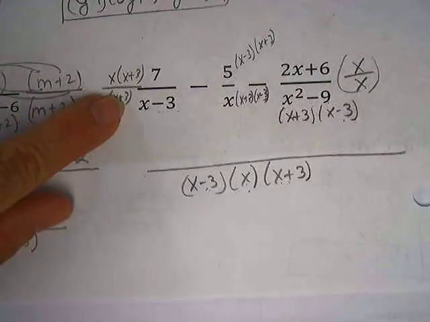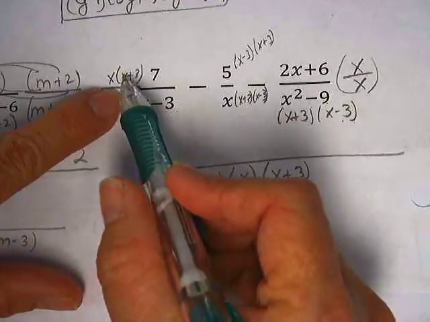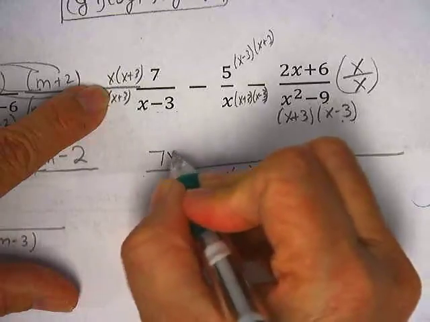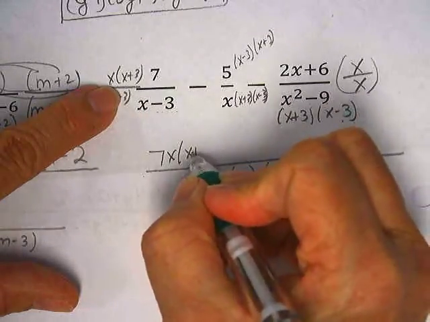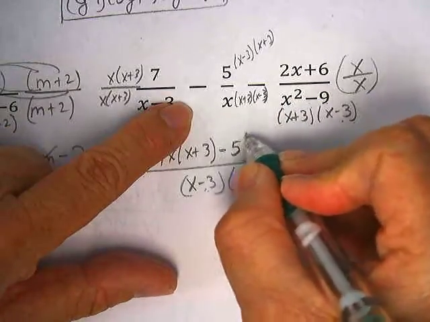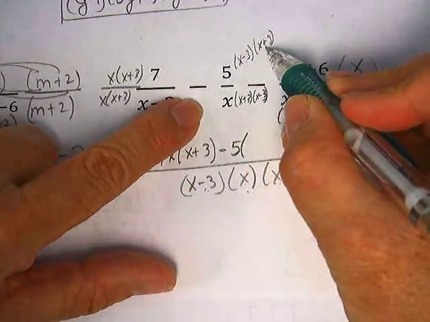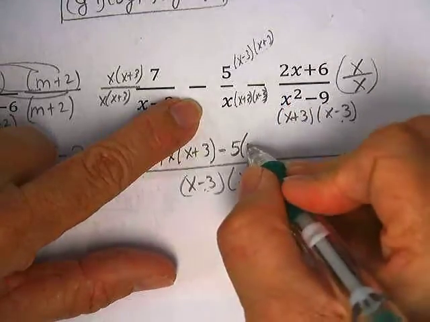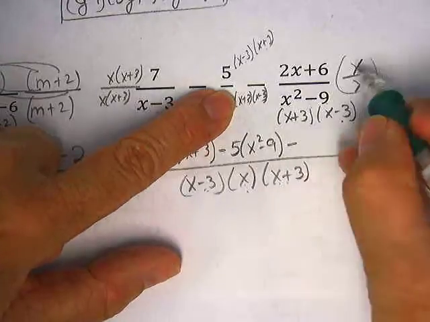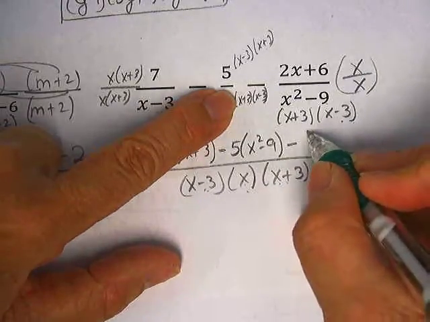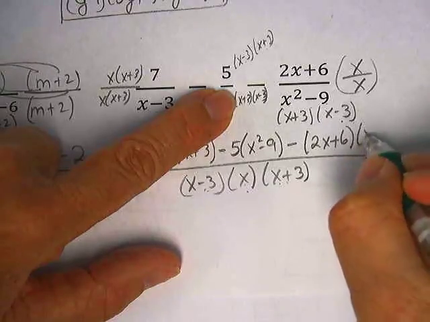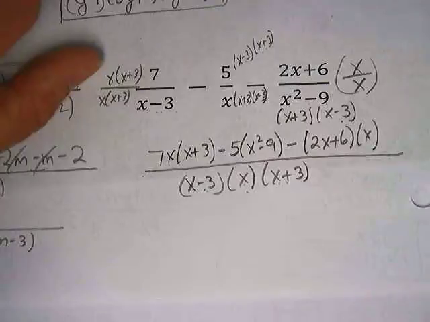Okay, let's try multiplying these together. Now it does not matter the order we multiply, so let's multiply the 7 times the x first. So we've got 7x, and then we'll need to multiply that by the x plus 3. The next one, minus 5 times x minus 3 times x plus 3, we already know that that is x squared minus 9, minus 2x, again we've got to put the parentheses, 2x plus 6 multiplied by x.